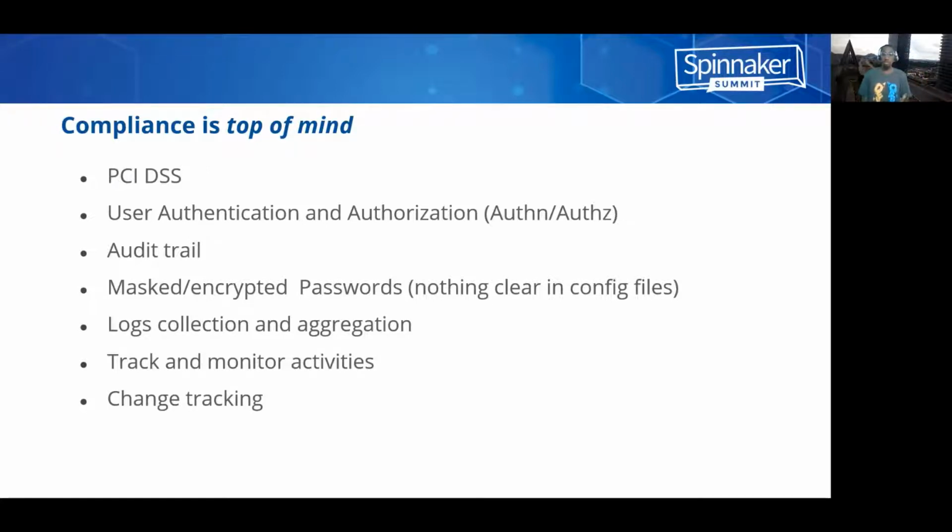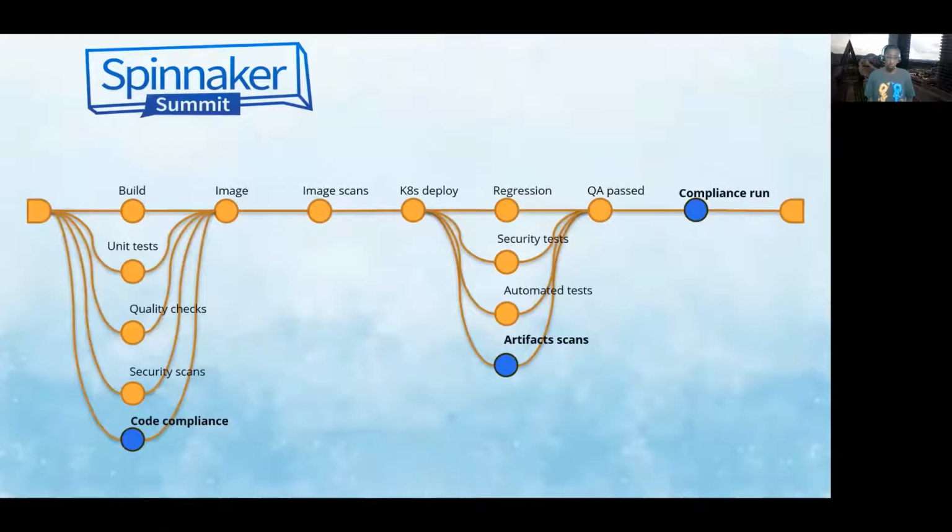Log collection and aggregation, tracking and monitoring, and also tracking our changes. So part of a bank's infosec policy would be that all changes made to the production environments need to be tracked. Again, we're creating a Spinnaker pipeline to deploy all the way to the production environment.